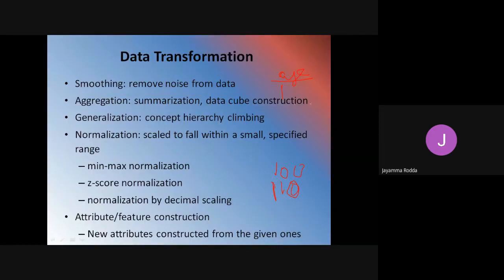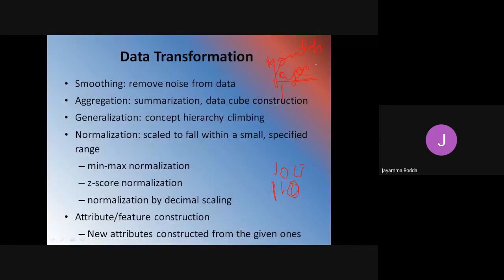So rather than writing 1 to 110, we can simply say the age can be derived into three fields like youth, middle age, and senior citizen.